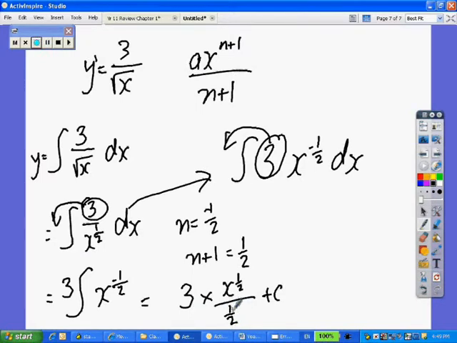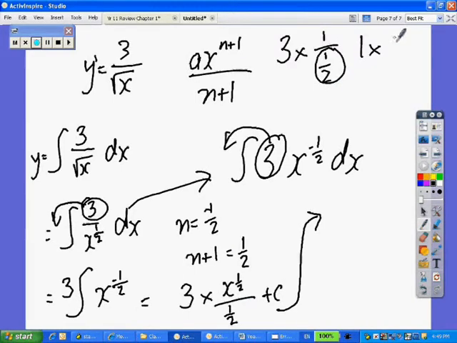So 3 times 1 over 1/2 is the same as saying 3 times 1 times 2 over 1. Remember, when I have a division by a fraction, I can flip it and multiply. That's basically saying 1 divided by 1/2, or 1 times 2 over 1.